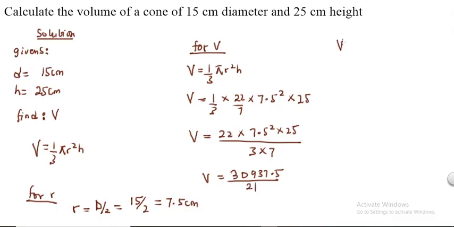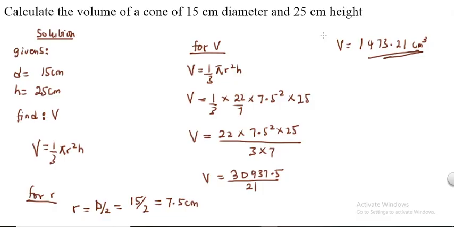So my volume here is equal to 30,937.5 divided by 21. So my volume is equal to 1,473.21 centimeter cube. So that's the volume of this given cone.